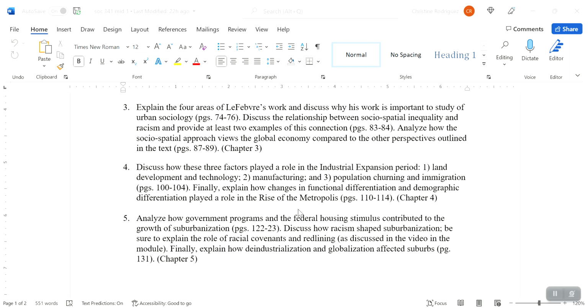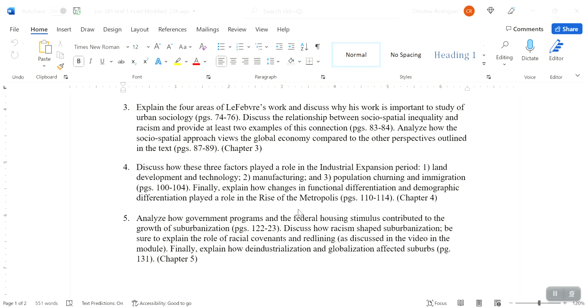Chapter 4, discuss how these three factors played a role in the industrial expansion period. Number 1, land development technology. Number 2, manufacturing. And number 3, population churning and immigration. And again, pages to refer back to. Finally, explain how changes in functional differentiation and demographic differentiation played a role in the rise of the metropolis.